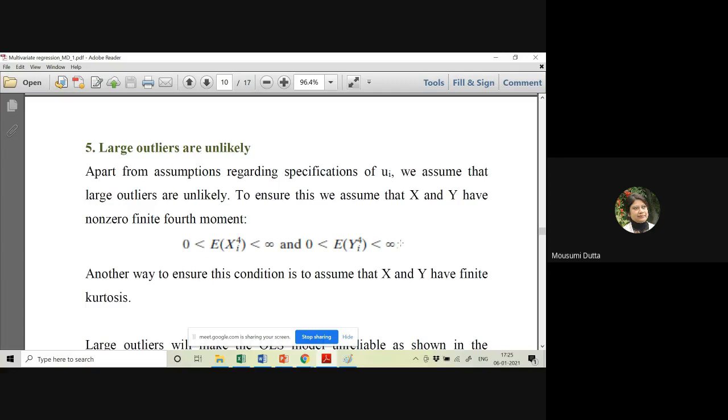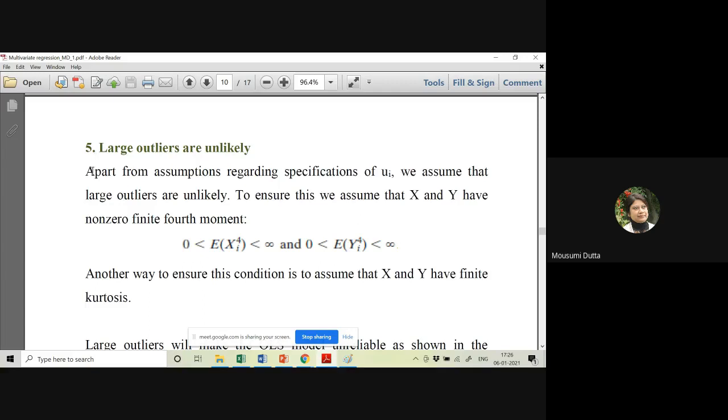This expectation of x_i to the power 4 or y_i to the power 4, that is the fourth moment, is related to the measure of kurtosis. So another way to ensure this condition is to assume that x and y have finite kurtosis.